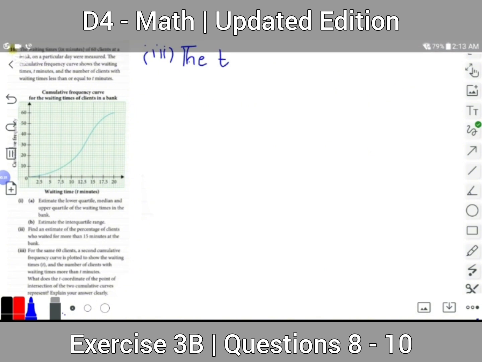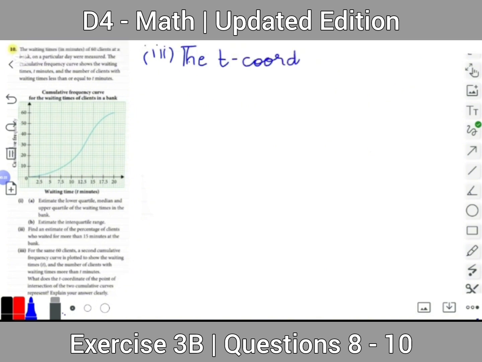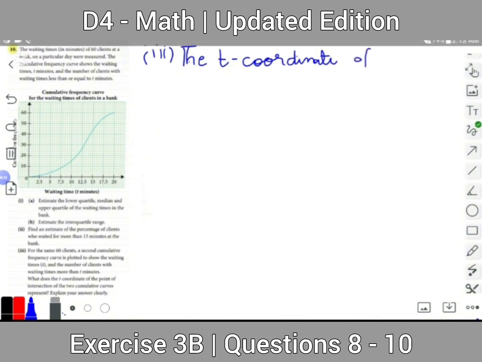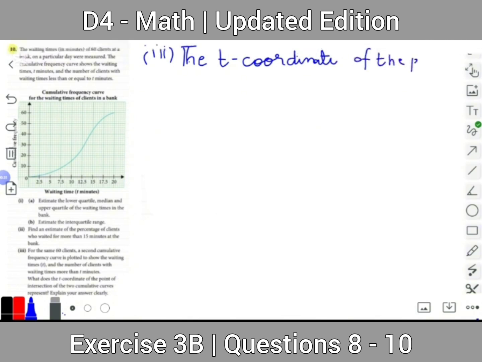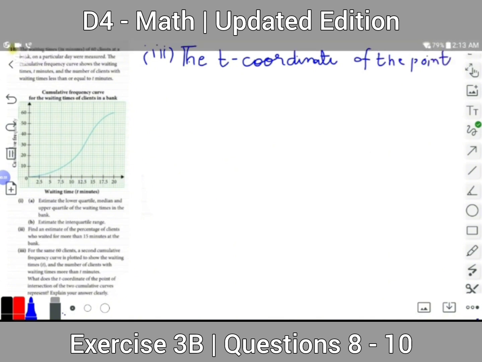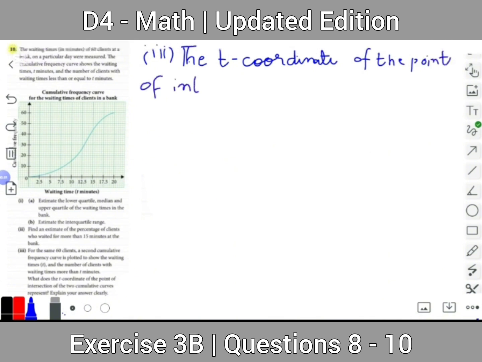The t coordinate of the point of intersection of the two cumulative frequency curves is the median waiting time.